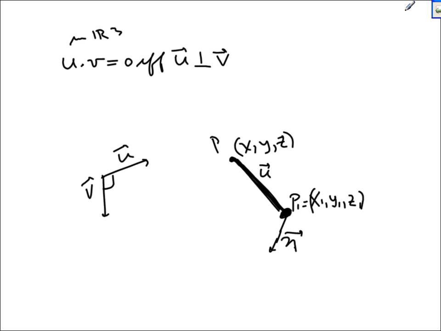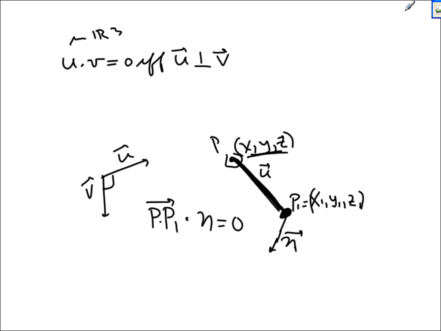Well, when will this point be on the plane? And the answer is when the vector p, p1, when I dot it with n, gives me 0. That's the only way this point can be on the plane.